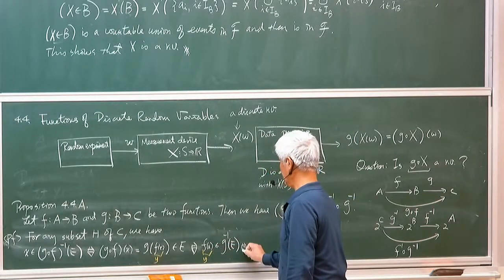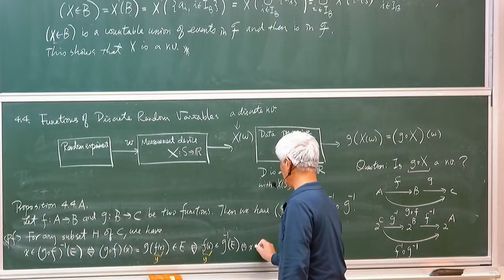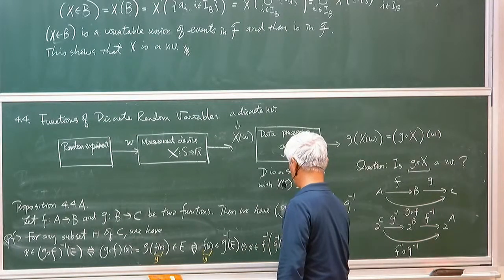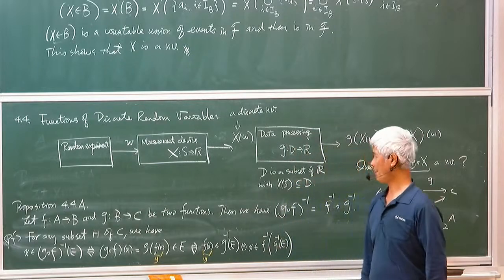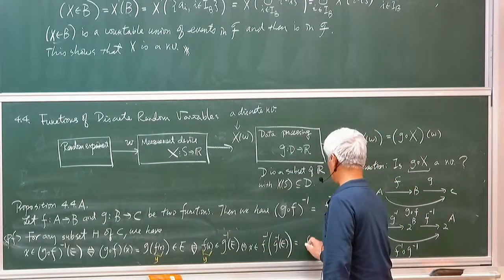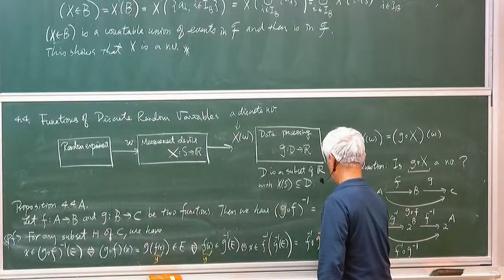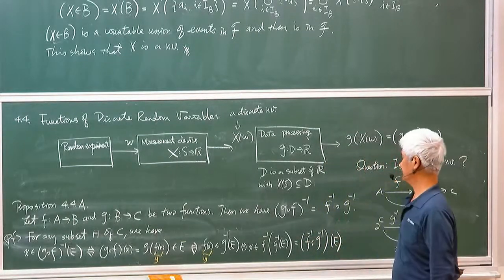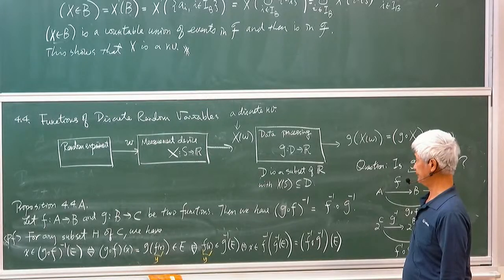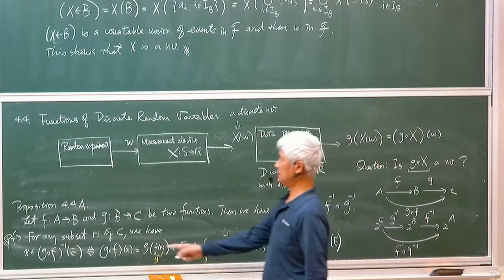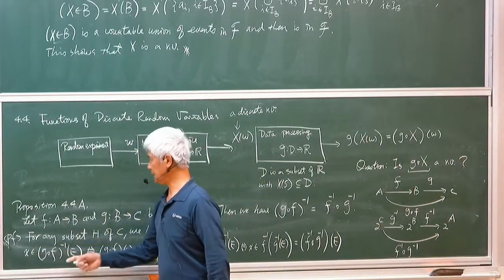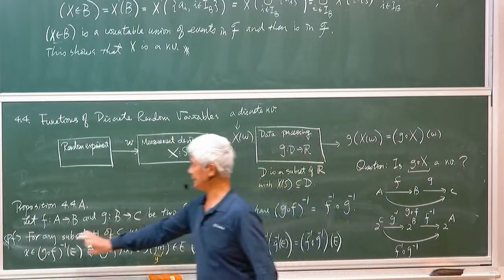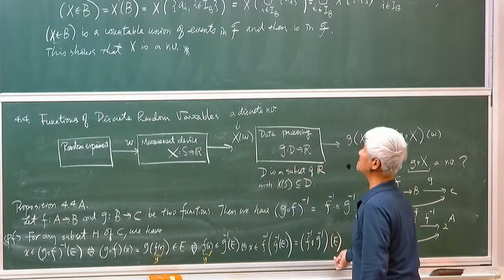Then x is in f inverse of g inverse of E. This is just the composition of f inverse and g inverse applied to E. So any member in one set is in the other, and we show that these sets are the same.